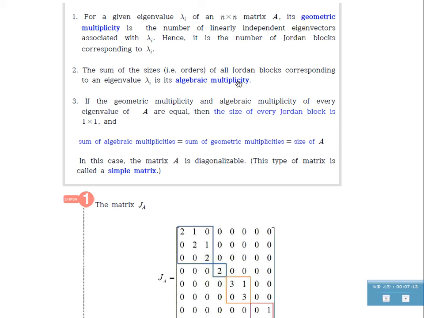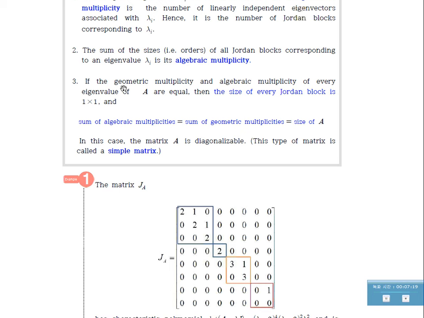So, eigenvalues are on the main diagonal of J, the Jordan canonical form. If the geometric multiplicity and algebraic multiplicity of every eigenvalue of A are equal, then the size of every Jordan block is one by one, and the sum of the algebraic multiplicities is the same as the sum of the geometric multiplicities, which is the size of A.